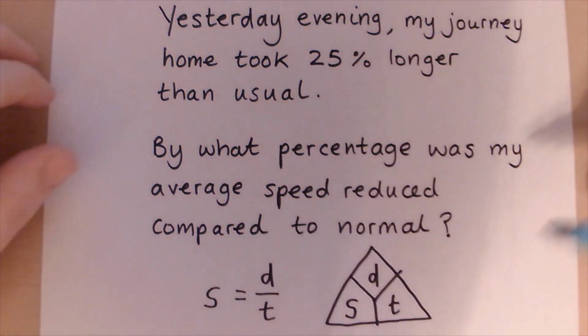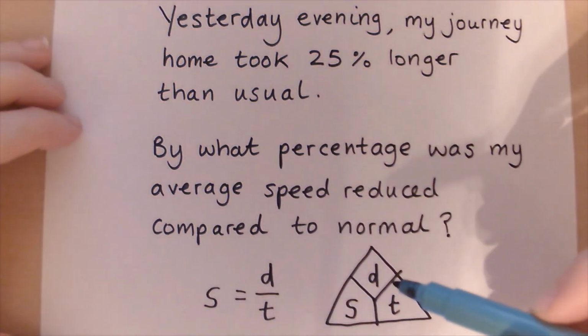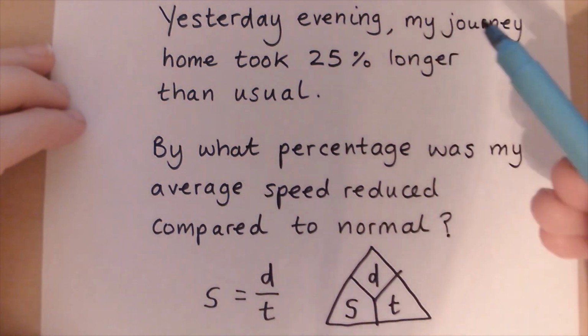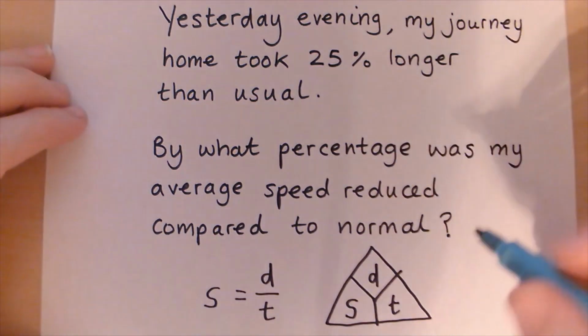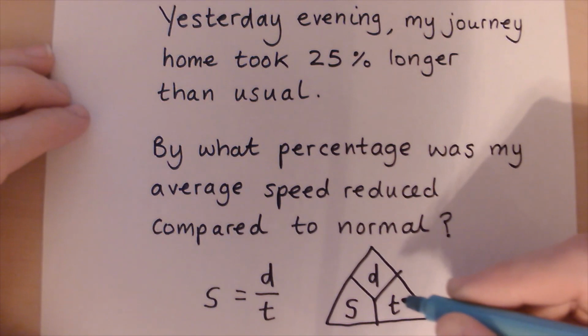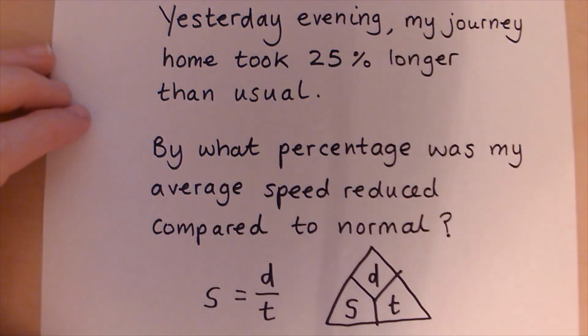So I want you to try and use one of these formulas to work it out. The journey took 25% longer. So if this is now 25% longer, what percentage will the speed be reduced to? If you think you got the answer, I won't be a sec.